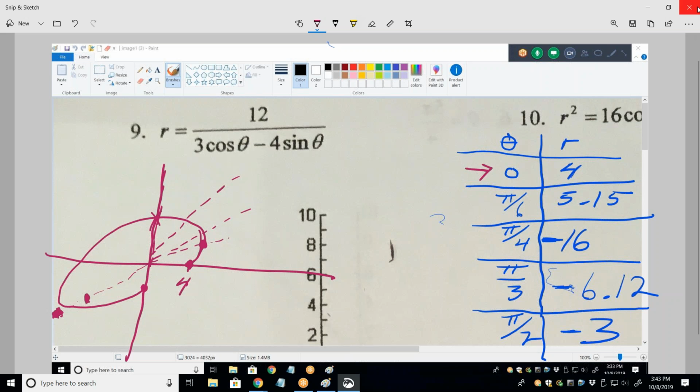Just for the heck of it, let's graph that on Wolfram Alpha so we can see what it looks like. And then let's see if we can figure out how to graph it in a different way. All right. So it's 12 over 3 cosine theta minus 4 sine.